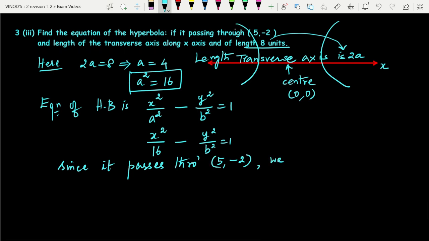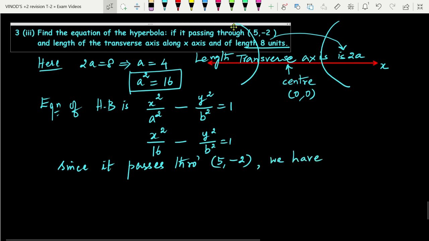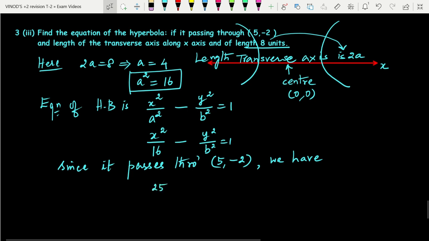So 5 square is 25. 25 by 16 minus y must be replaced with minus 2. Minus 2 the whole square is 4 by b square is equal to 1.